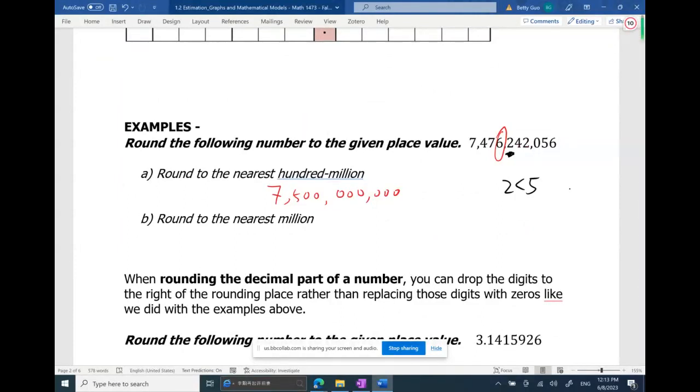So the rounding result would be 7,476,000,000. Part A is rounded up. Part B is rounded down. Let me know if you have any questions about this problem.